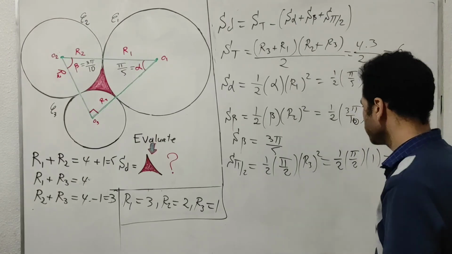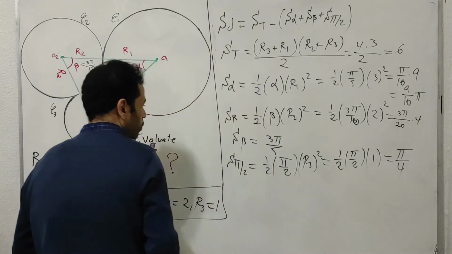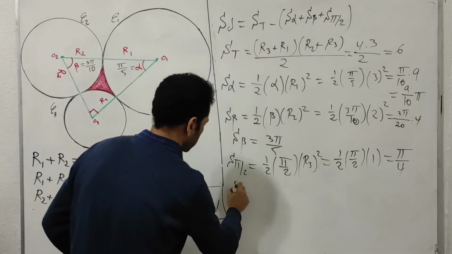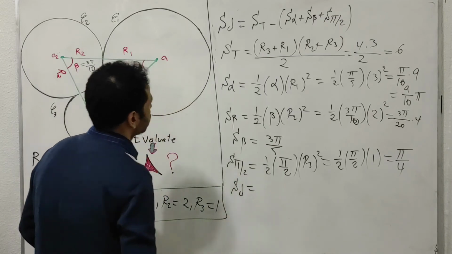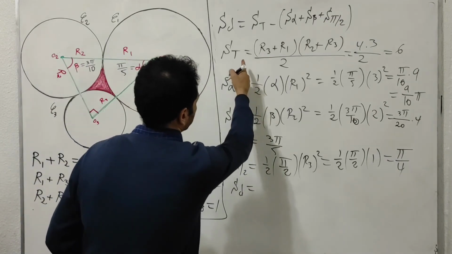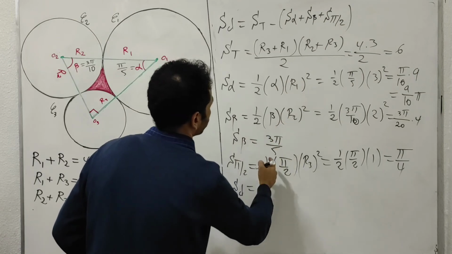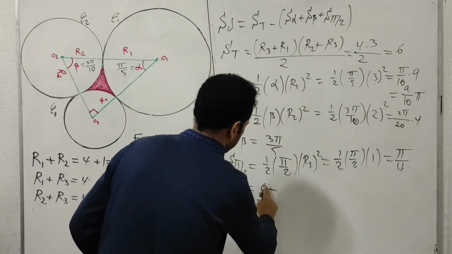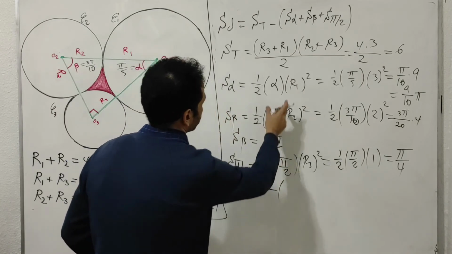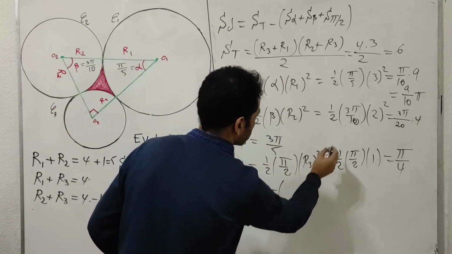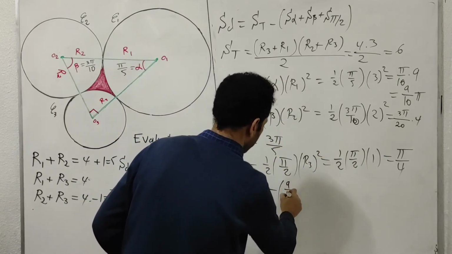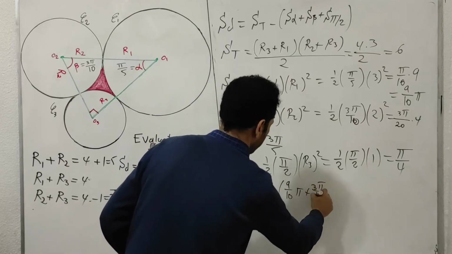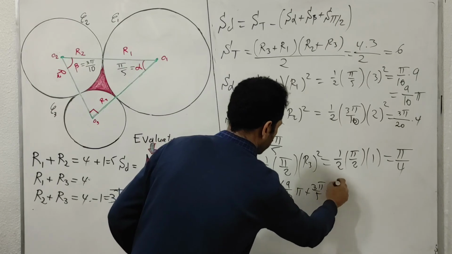Okay, now I'm going to plug all this information into the original equation. I will get the shaded area, which is the area of this triangle, we found 6, minus the sum of these areas, which is 9 over 10 pi, 3 pi over 5 plus pi over 4.